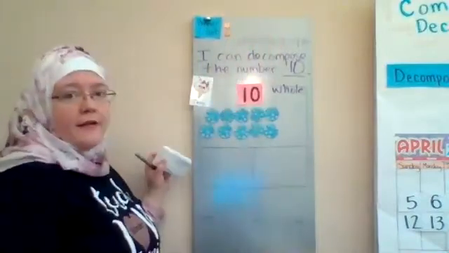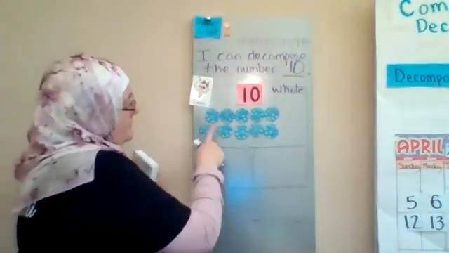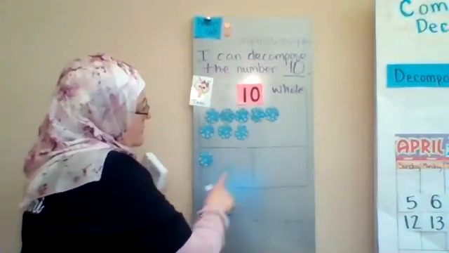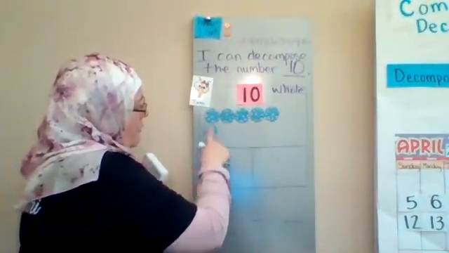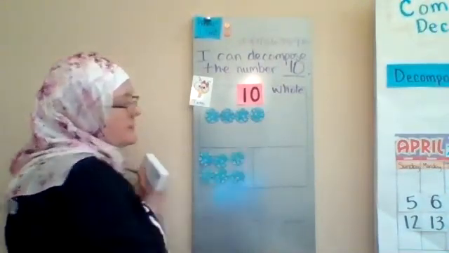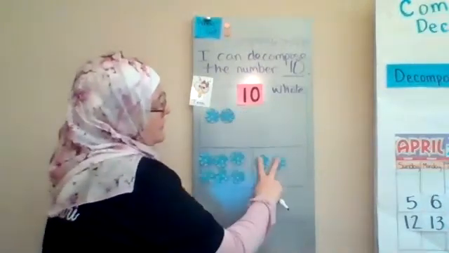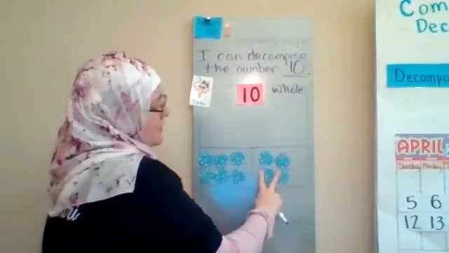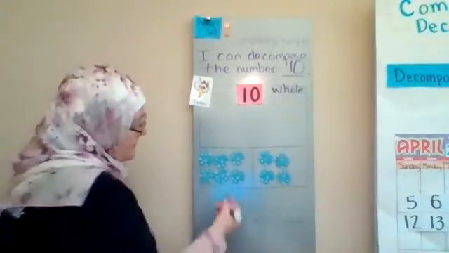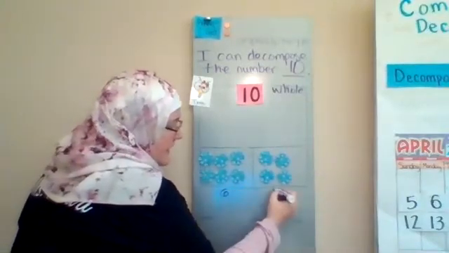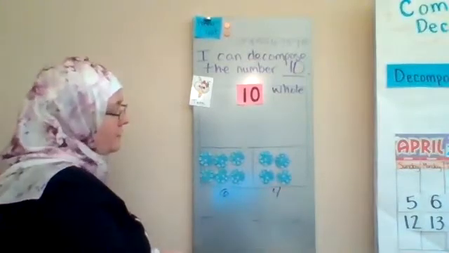What would come after 5? 1, 2, 3, 4, 5, and 6. How many would we have left? 4. That is 6, and this part is 4.